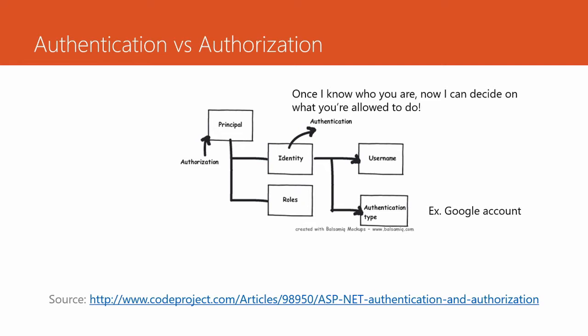It tells me who you are, but then authentication, which is who you are, there's authorization, which tells me what you're actually allowed to do. Okay, so this boils down to who are you and what are you allowed to do. Okay, so there's kind of two levels to this. Authorization tells me who you are, the authentication says, okay, that's great, but then we have to say, okay, what are you allowed to do?